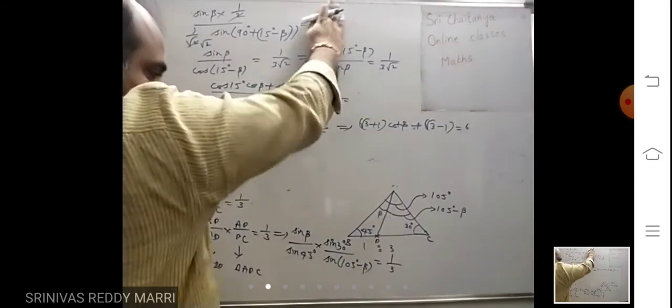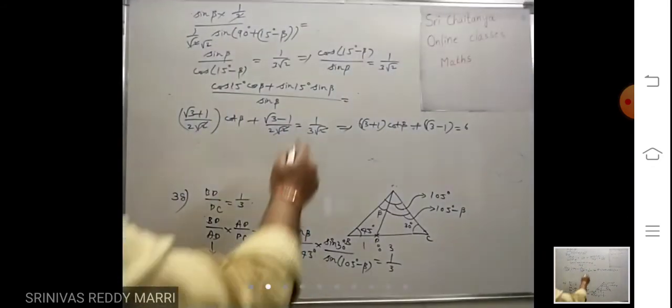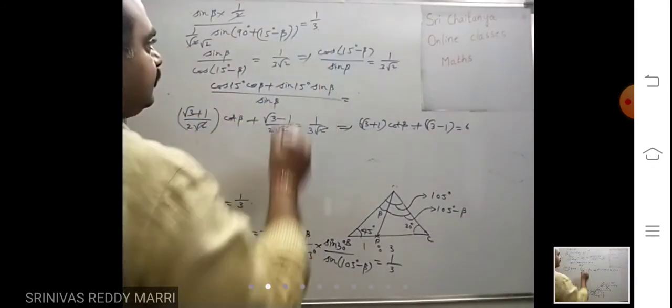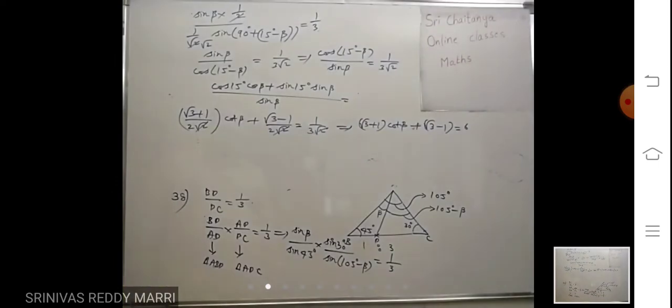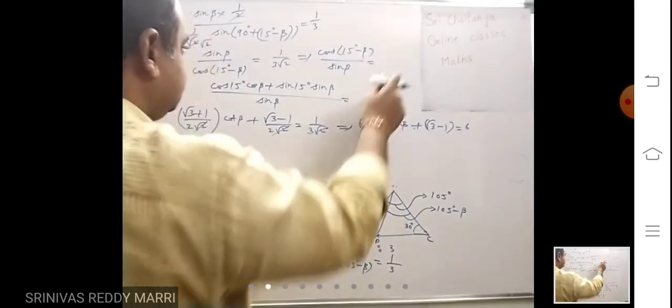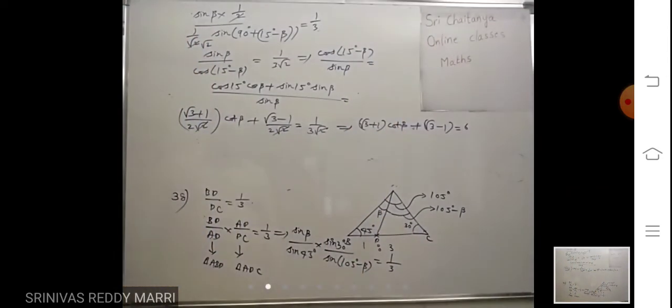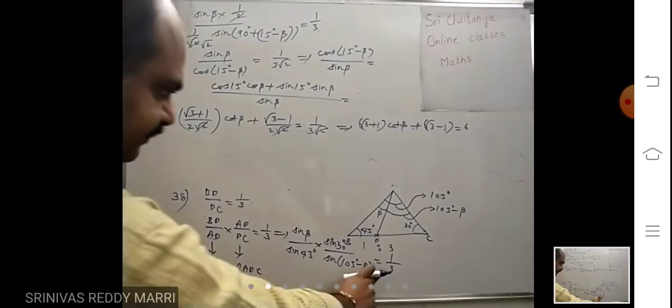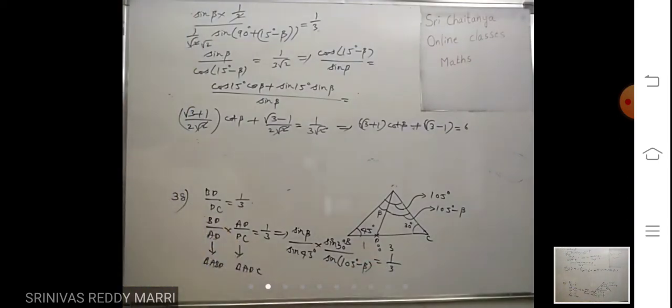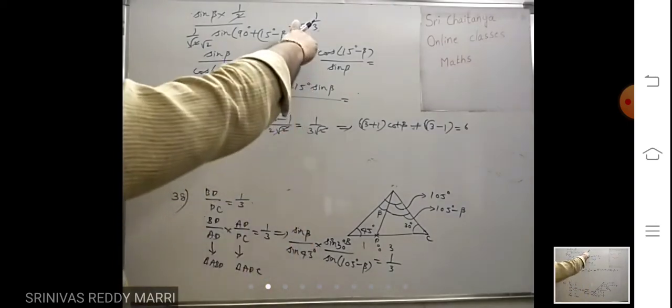Sorry, this is sin beta, this is 1 by 3, this is 1 by 3 root 2. Sin beta into 1 by 2, this is 1 by 3, correct?